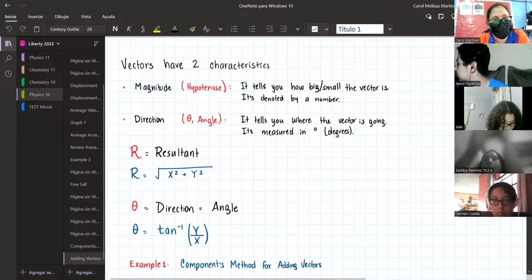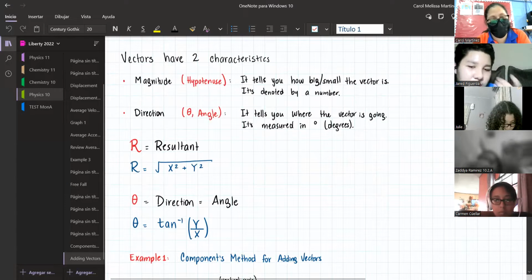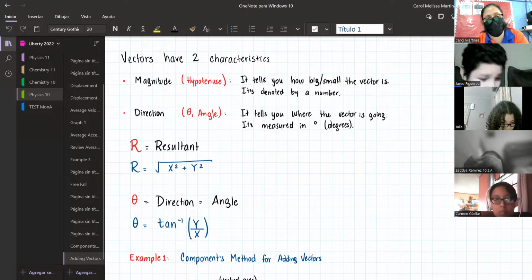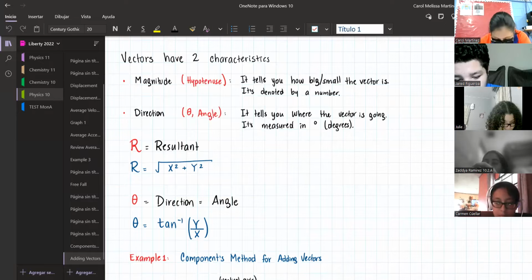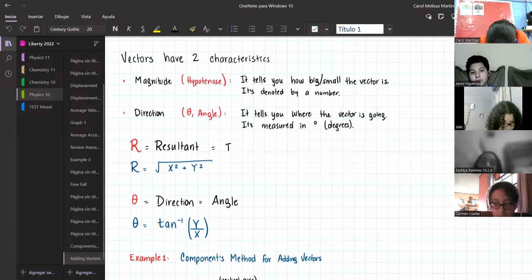Now, for those two characteristics, we're going to have two formulas. For the characteristic of magnitude, we're going to have the formula for the resultant. What is the resultant? The resultant is the result from adding vectors.